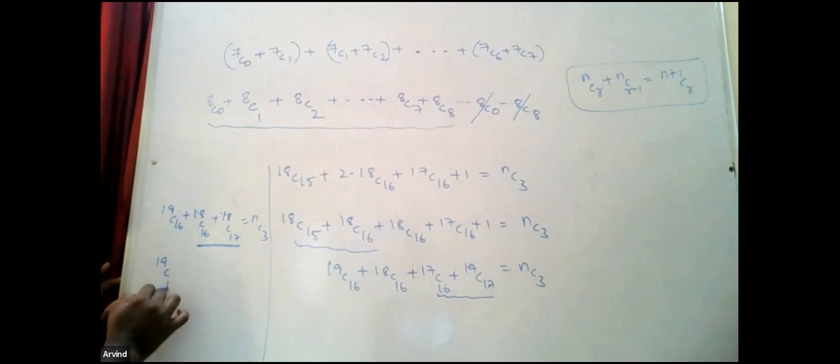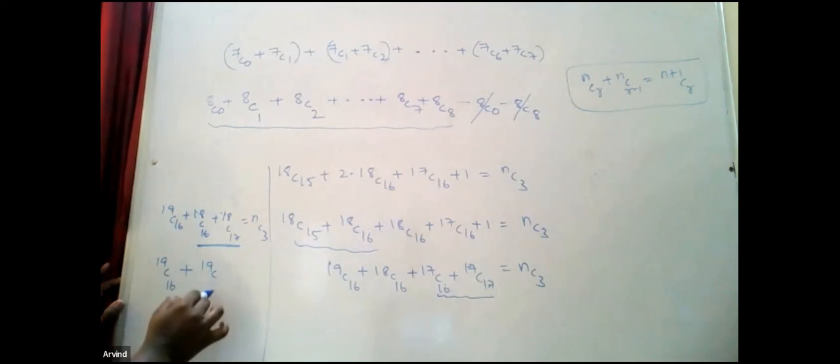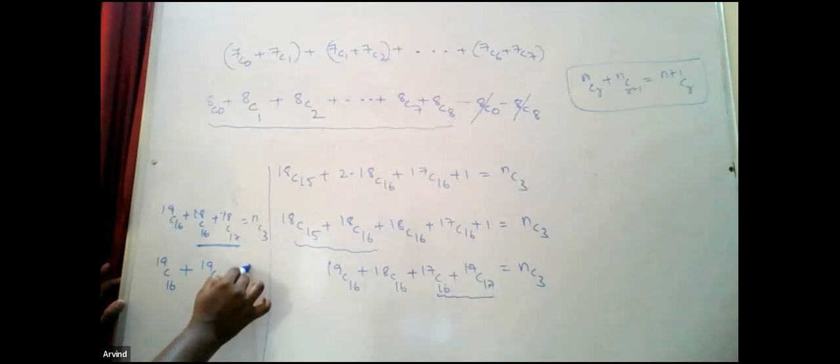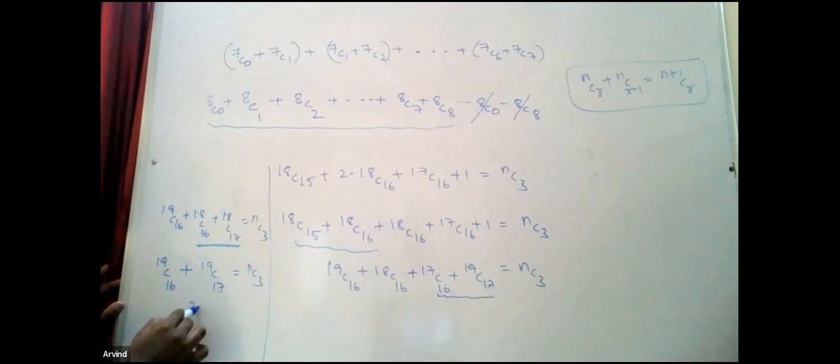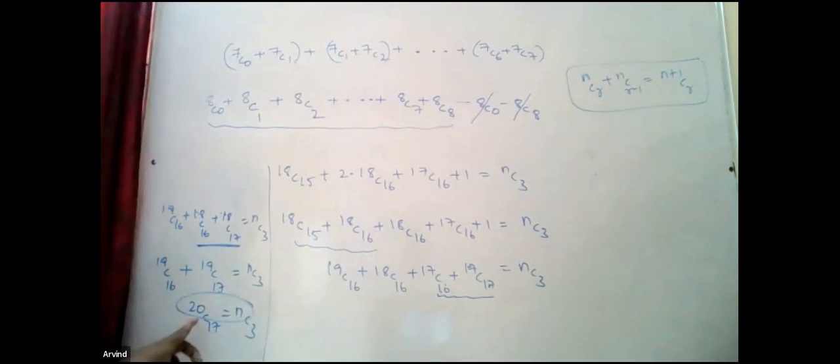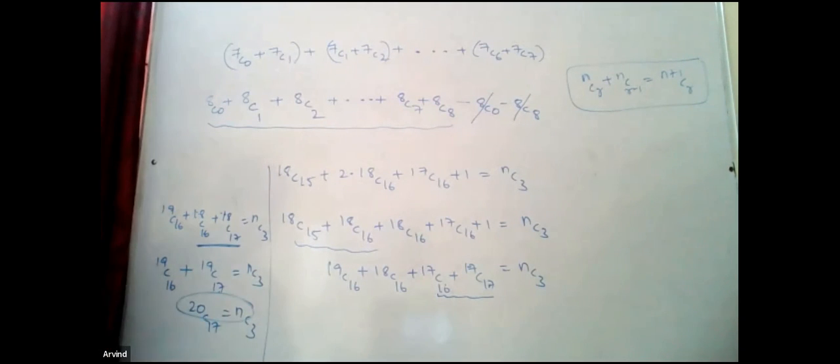So 19C16 plus 19C17 is equal to NC3. So this you can combine. Again n value is same, here 1 more, here 1 less. Therefore 19 plus 1, 20C17 is equal to NC3. So comparing, n will be equal to 20.